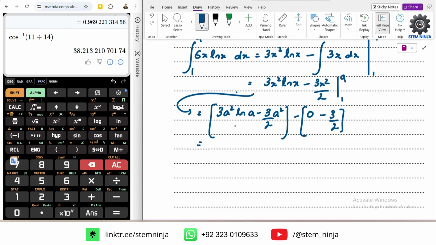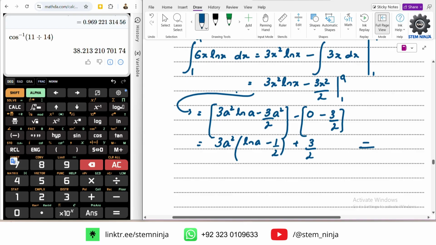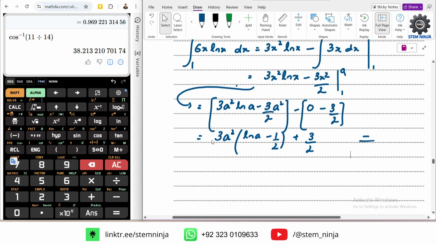However, we can take 3a squared out, so this is 3a squared times ln a minus 1 over 2, plus 3 over 2. And this is equal to 4, as they gave us.